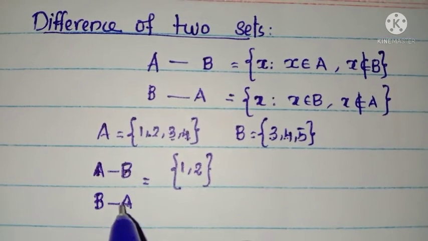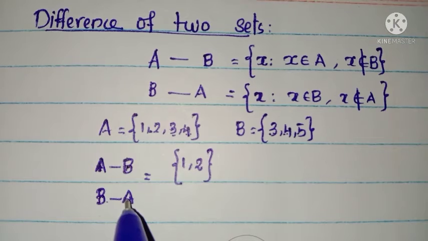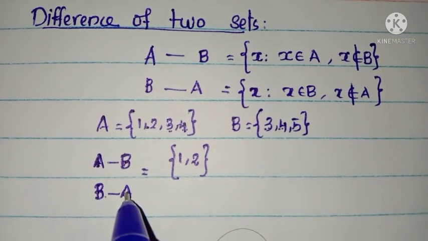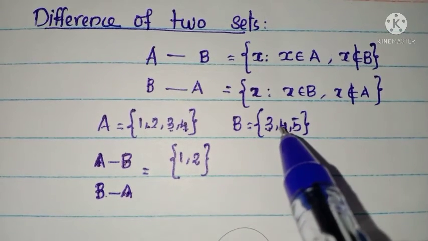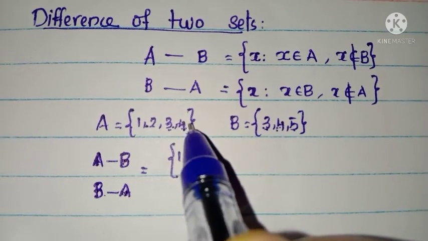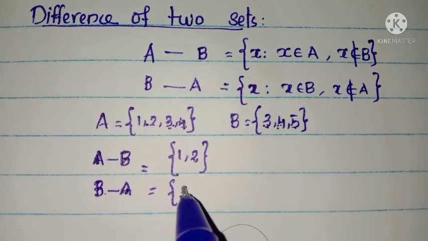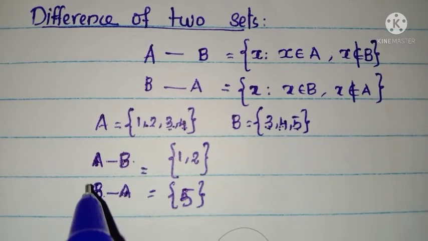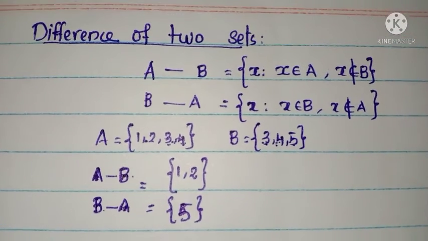Now B minus A. B minus A means from the set B, we want to eliminate or remove the elements of A. That is, from the set {3, 4, 5}, we have to remove the elements 3 and 4 so that the remaining set is {5}. So, A minus B is equal to {1, 2} and B minus A is equal to {5}. Okay.